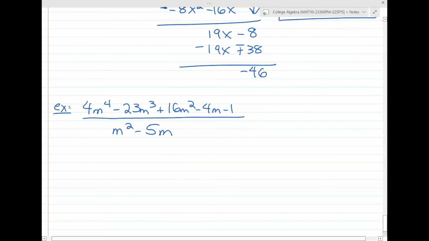Okay. Let's go ahead and do the division. M squared minus 5m, but notice we're missing a number here. Anytime you're missing something, you have to put 0, otherwise you're going to get stuck.